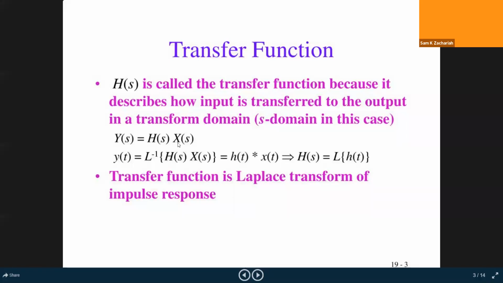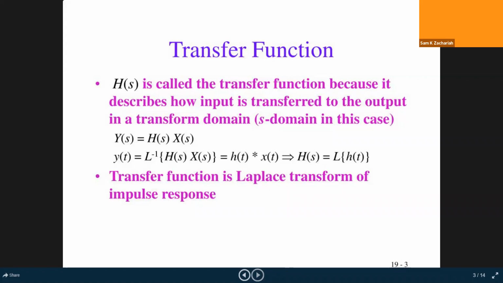If you are giving x(t) as an impulse command, X(s) equals 1. So Y(s) is equal to H(s). So the interpretation of H(s) is that it is the Laplace transform of the unit impulse response of the system. H(s) equals the Laplace transform of h(t).